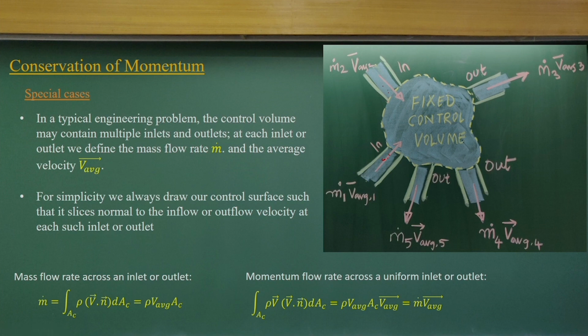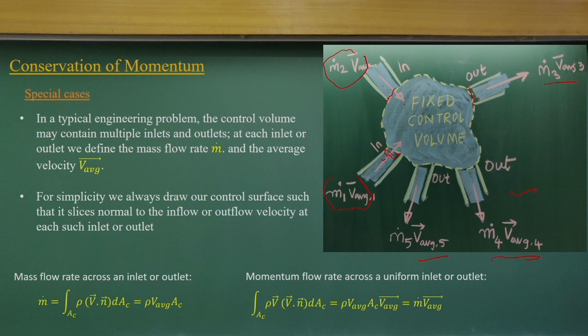Through this control surface, we are talking not only about the mass flux coming into this control volume, but also about momentum flux. The momentum flux is the mass flux, mass per unit time, into the velocity. So through this control surface we know the momentum flux coming in, and the momentum flux going out from these outlets.